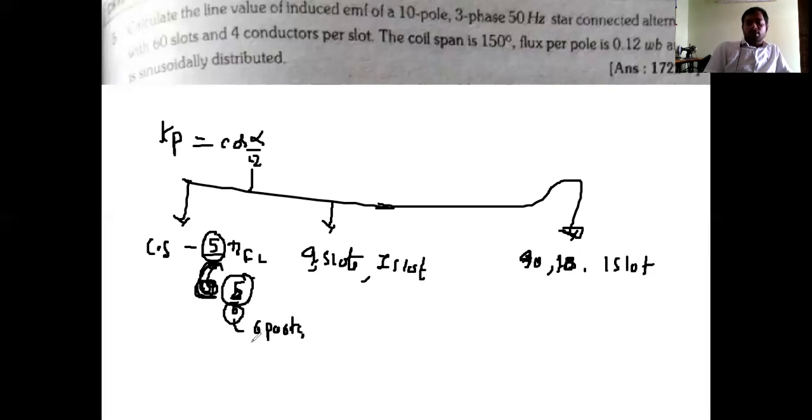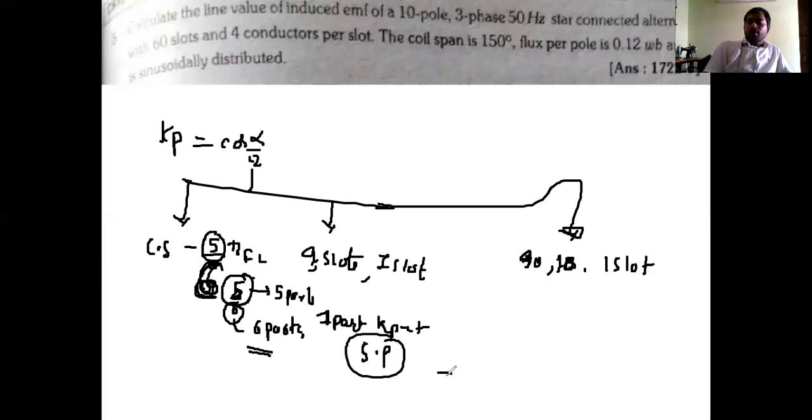For full pitch winding, 6 parts are there. For short pitch winding, the coil span is 5 parts. Nothing but one part is kept empty, which is short pitched. One part is short pitched.